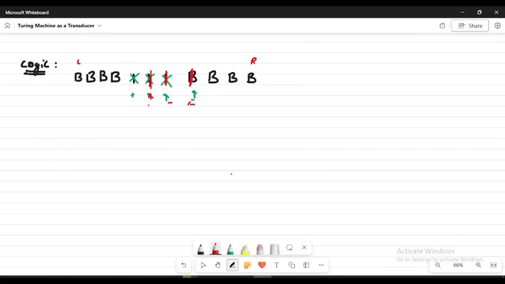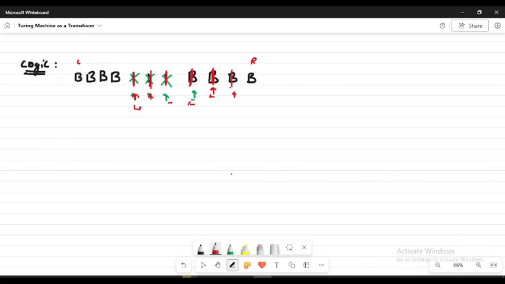Then turn right, crossing all the ones, until you find the first blank. Whenever you hit the first blank, make it 1. Then turn left, crossing all the ones, until you find the first x. Whenever you find it, make it 1. Then turn right, crossing all the ones, until you hit the first blank, and make it 1.